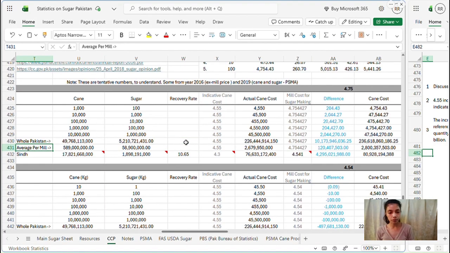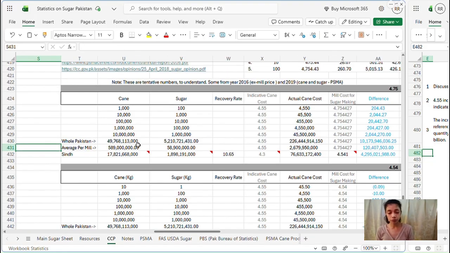If we go here and look at the average mill, let's say there are 40 or 90 mills in Pakistan, all the mills are producing 49 billion kgs of cane, and the quantity of cane per mill is 589 million kgs on average, and from that they are producing 58.9 million kgs of sugar.